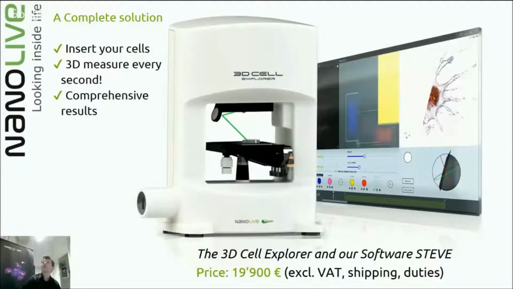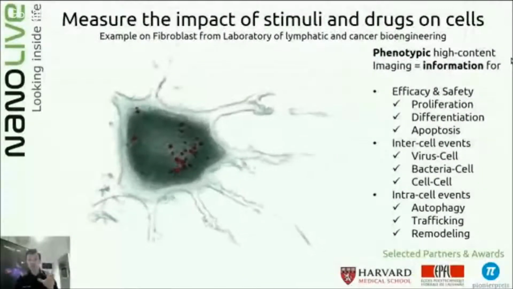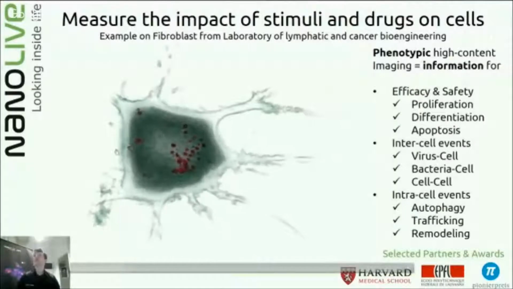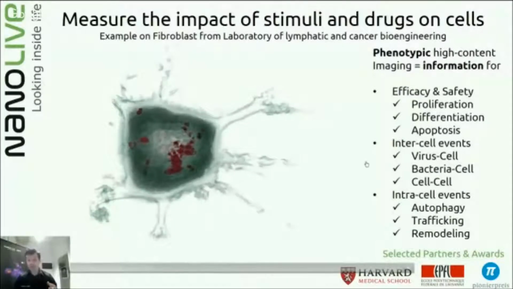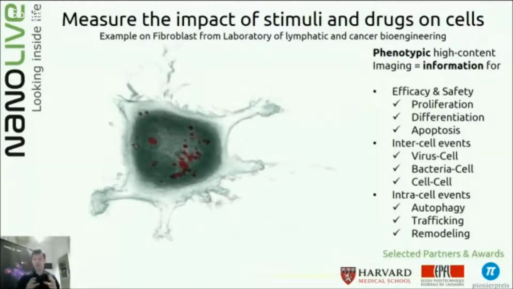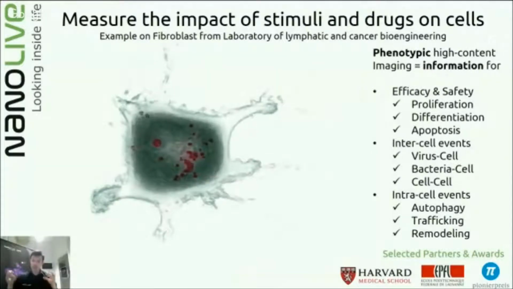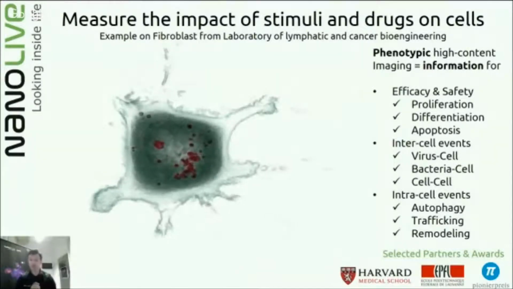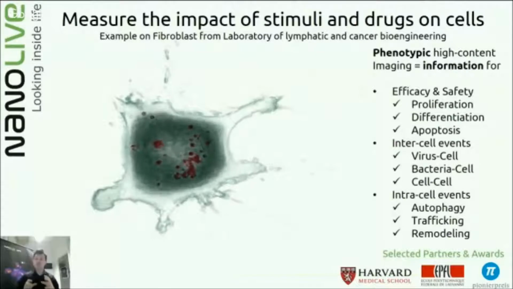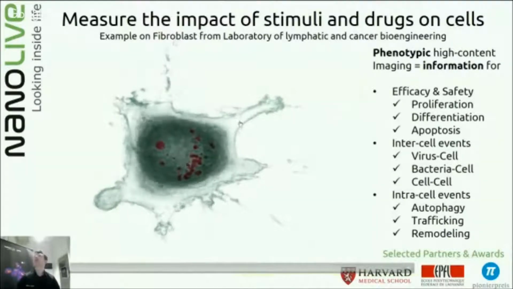So I was talking about comprehensive results. Let me show you what we mean by comprehensive results. This is a movie of a lymphocyte that has been taken with our 3D Cell Explorer, a lymphocyte that has been exposed to a chemotherapeutic drug. And what you see here is the slow death of this lymphocyte across time. What you can easily observe is the high level of detail.